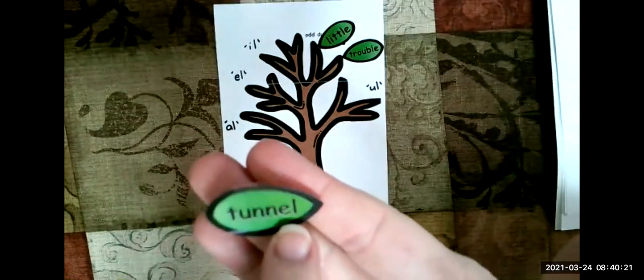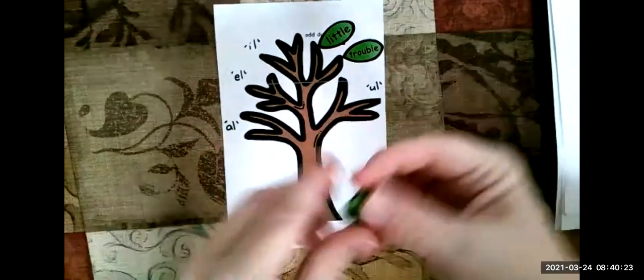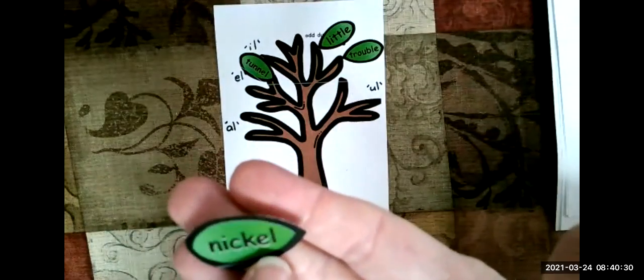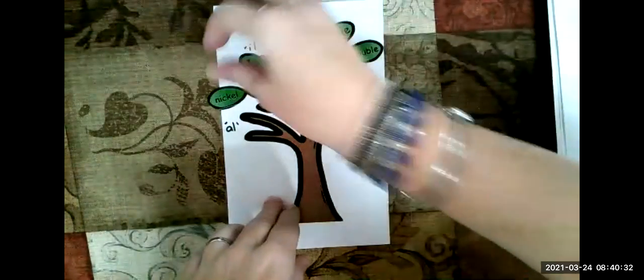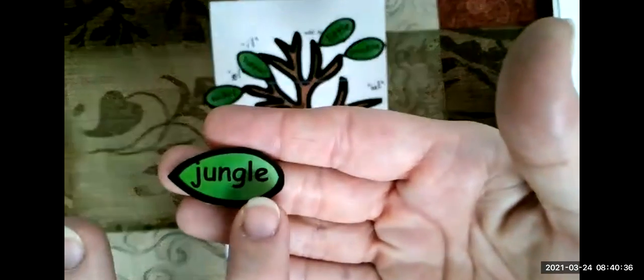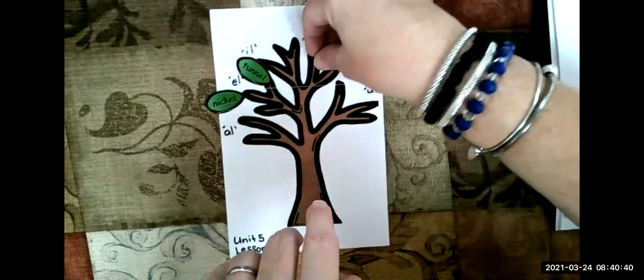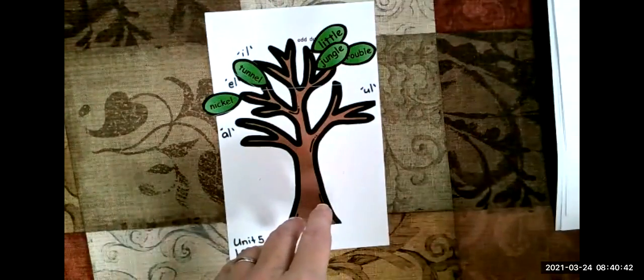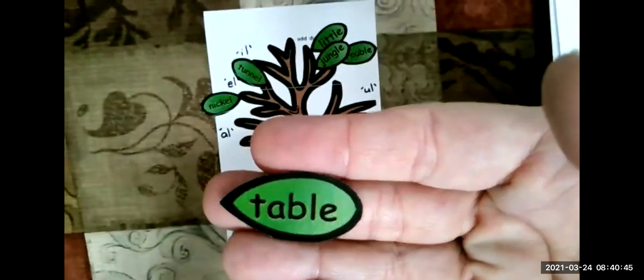Tunnel. Ooh, this one says EL. It says ol, but it's an EL spelling. Nickel, also an EL. Jungle. Ooh, this one has LE. This word is table, has LE.